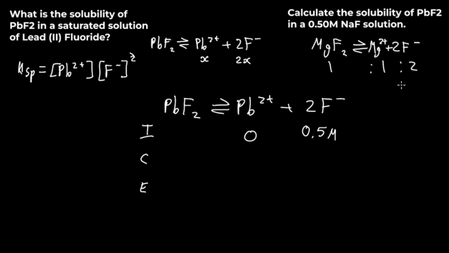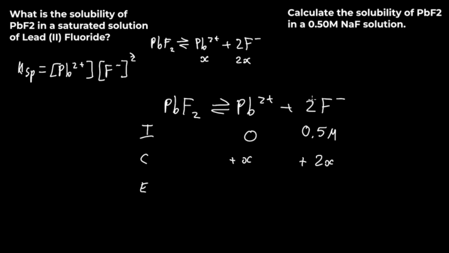So this would actually be like 1 molarity F minus. So you have to pay attention to where the source is. So this will increase by x, but remember this one will increase by 2x because of the coefficient here.